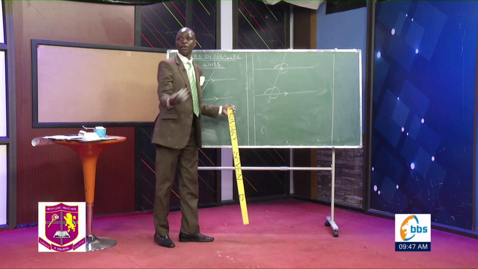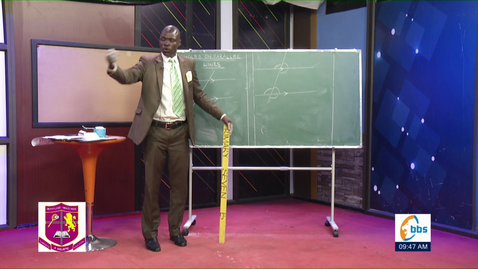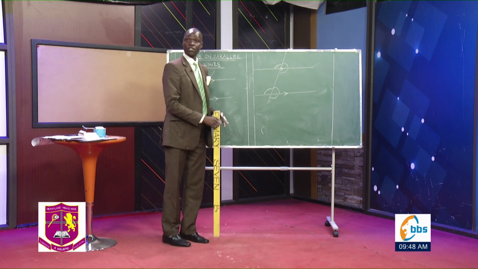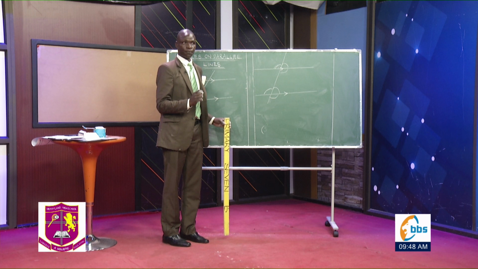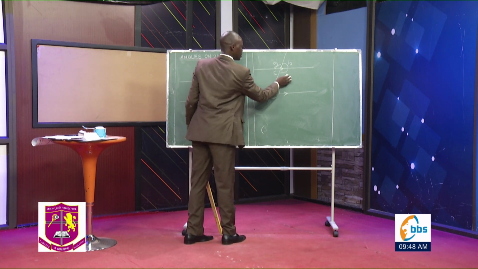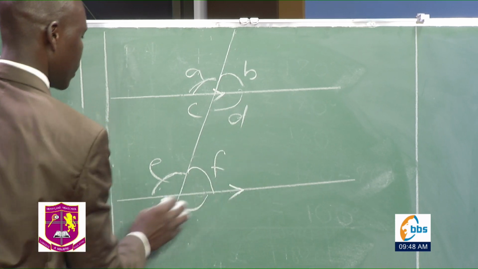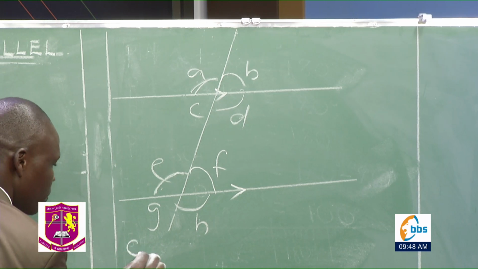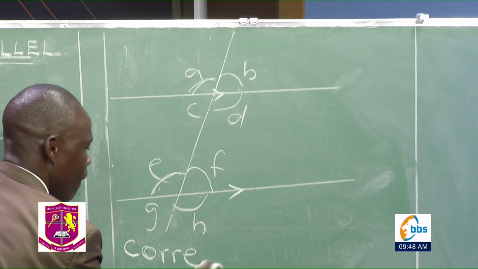So the term corresponding should not confuse you. You can as well observe critically, and you know that these are corresponding angles. So if this is A and that is B, C, D, E, F, G, H, since we are talking about corresponding, let me use the word corresponding.